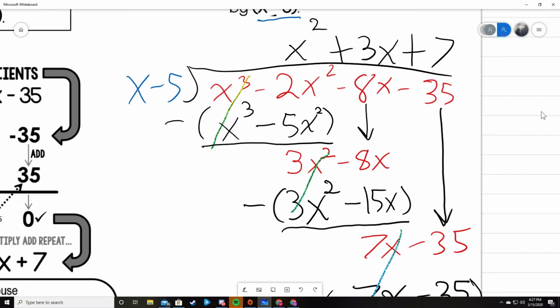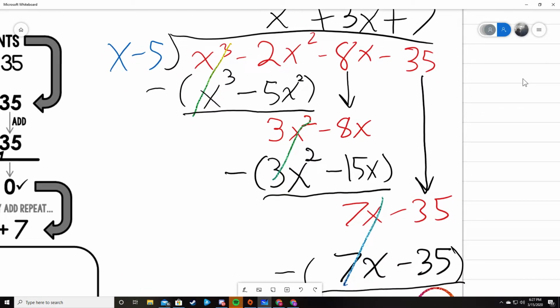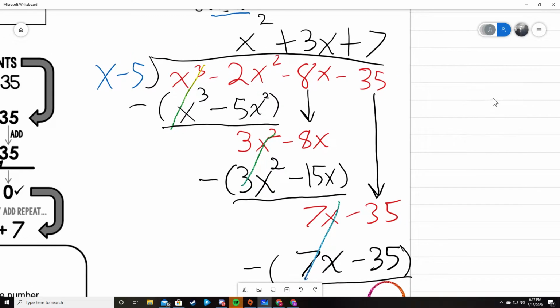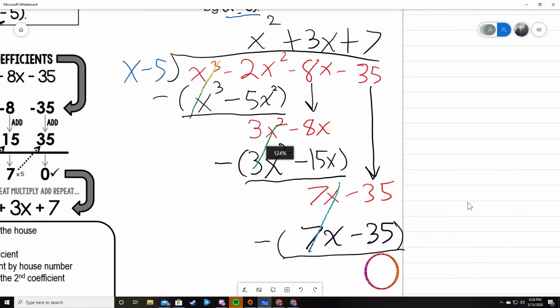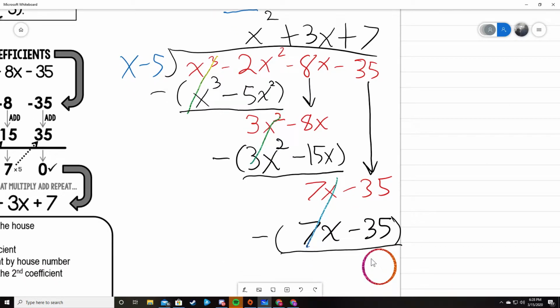So now we got positive 7x, and then we bring down that 35. So I want 7x to be the term that I get here. I got to multiply 7 and x in order to get 7x. So that's how I get the 7x here. And then I do 7 times negative 5, which gives me negative 35. And when I do that last bit of subtraction, it ends up giving me a remainder of 0, this nice shiny 0.